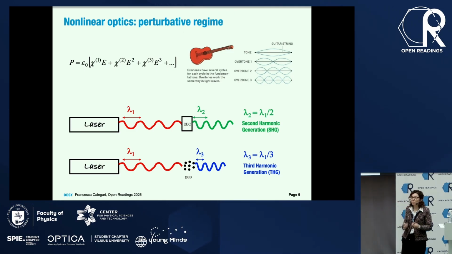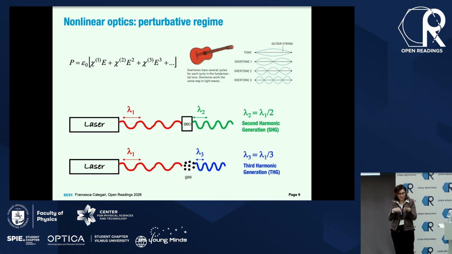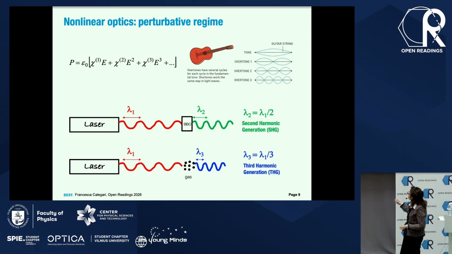And this happens when you have a perturbative nonlinear interaction between light and matter. A perturbative interaction means that the laser is not that intense. So you have a mild perturbation of your system of matter, and this mild perturbation makes the electron oscillate also a little bit faster compared to the laser frequency, such that I can produce harmonics for non-centrosymmetric media, the second harmonic or even the third harmonic.